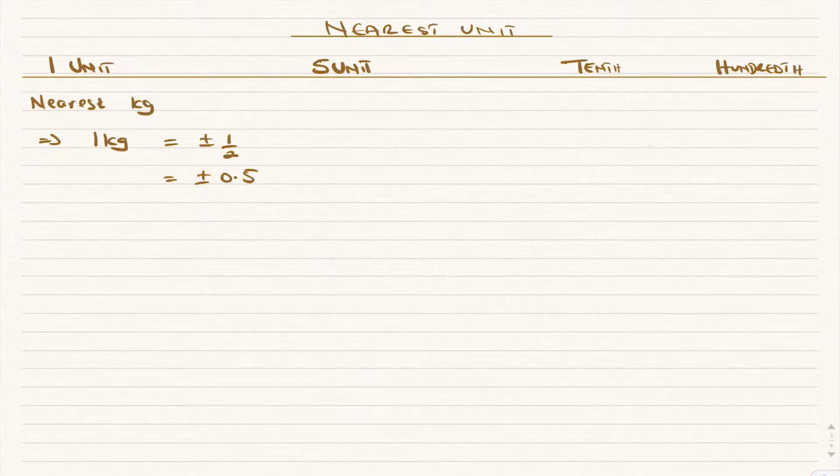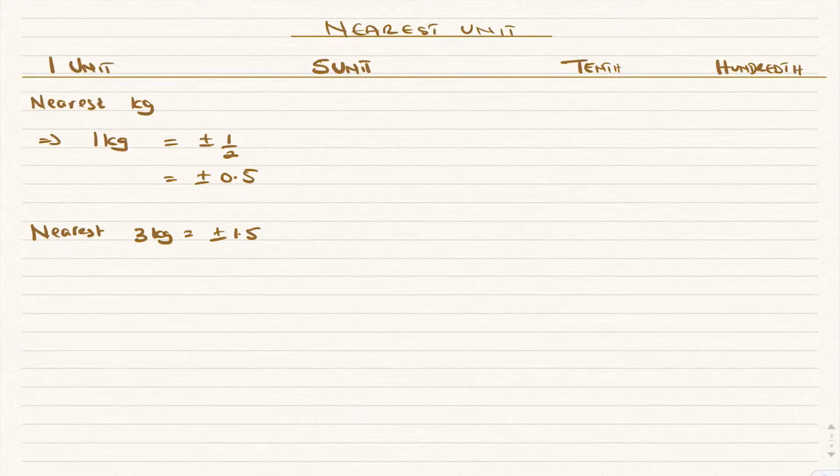They might say nearest 5 kilogram. In this case, they put a value if it's not 1. So the default is the unit, which means 1. If they need to put any value, they will put a value in there. So if they say nearest, say, 3 kilogram, then it will be plus or minus 1.5, your bound.